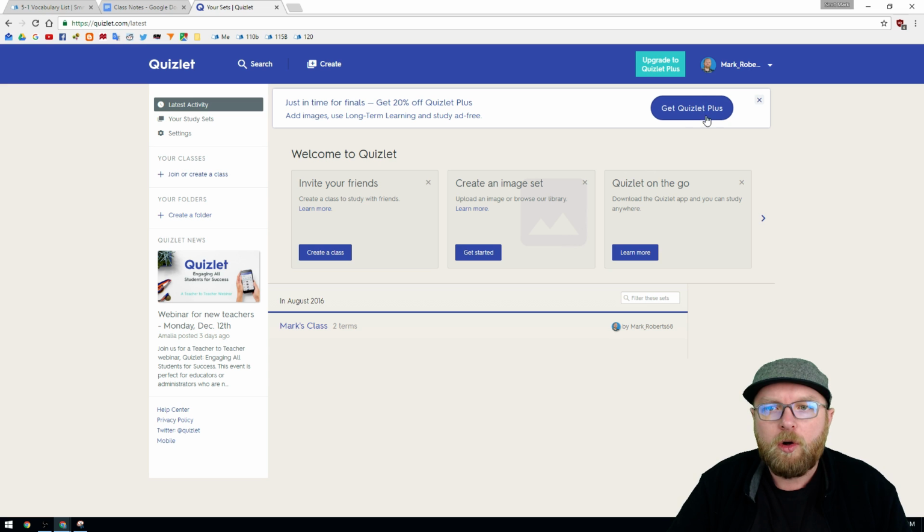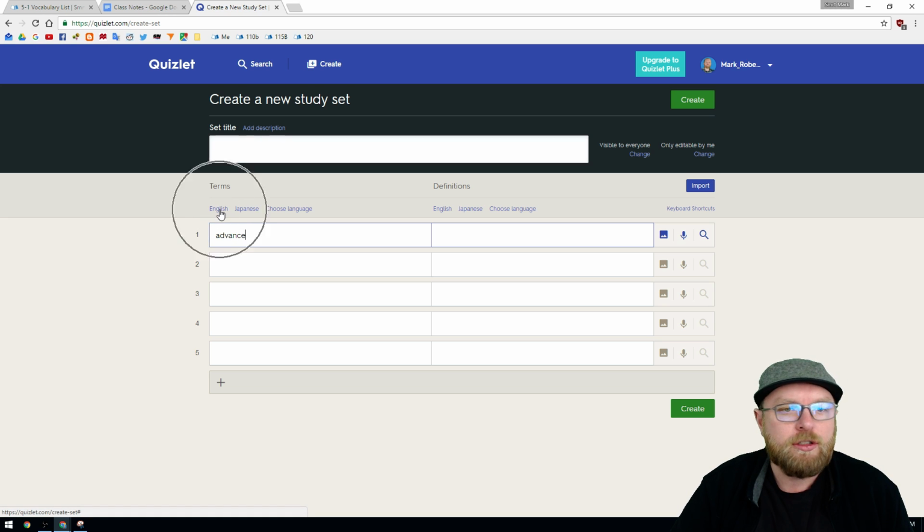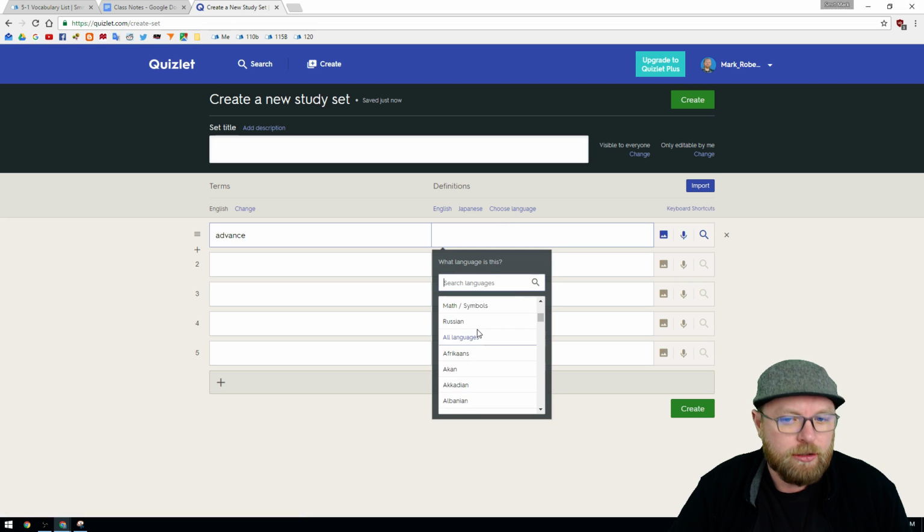Quizlet Plus is where you pay, and here you create a list. For example, advance, and it depends what you want to do. If you only want to study in English, here you choose English, and here you choose English. But you can actually use your own language. So if I'm speaking, where's French? I don't see French here. Oh, did I skip French?